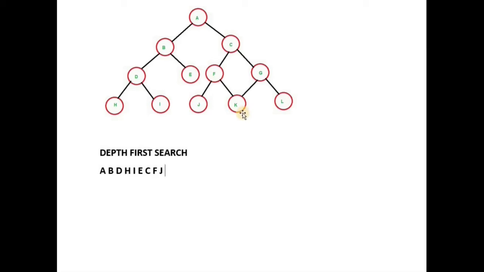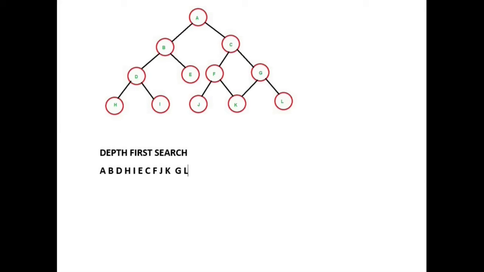That is K. So I will go to K. Then from K, I can go to G. Then from G, I can go to L. And from L, I cannot go anywhere. So see, everything is visited right now. I have visited all the nodes in this graph, but the difference is that instead of level by level, I am going in depth.